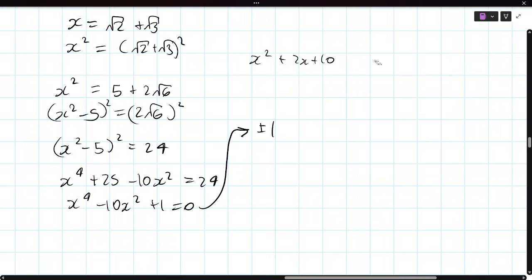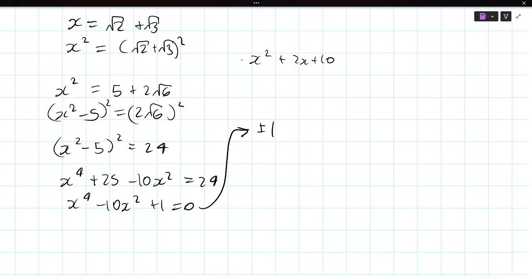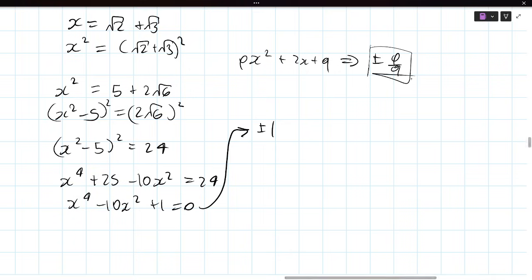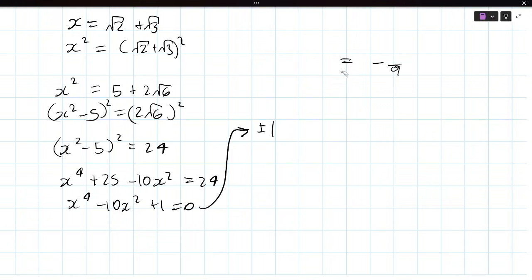Technically, if we extend this to non-monic polynomials, if you have P and Q, I'm using way too many P and Qs, my rational roots are all the divisors of P over the divisors of Q. So in this case, we have 1 over 1, so plus minus 1.